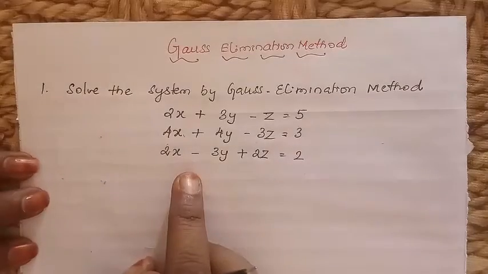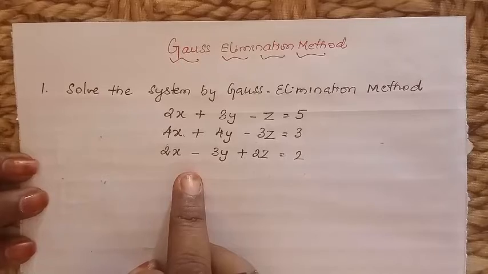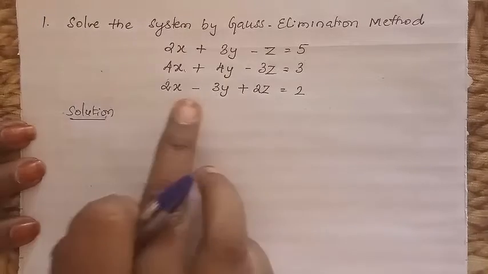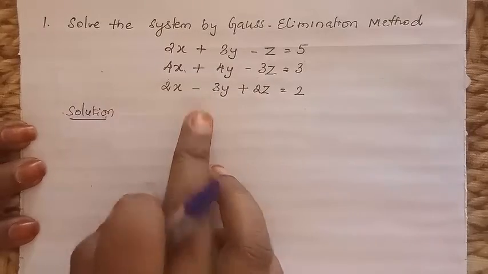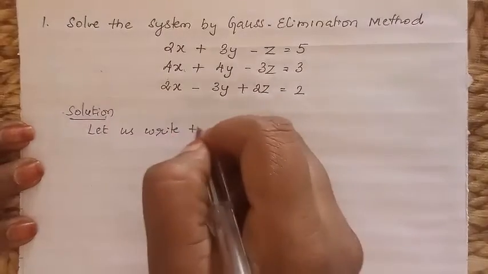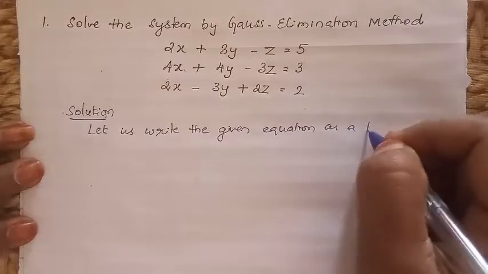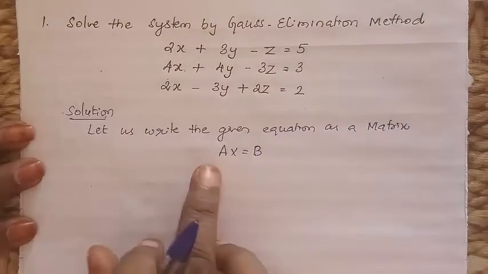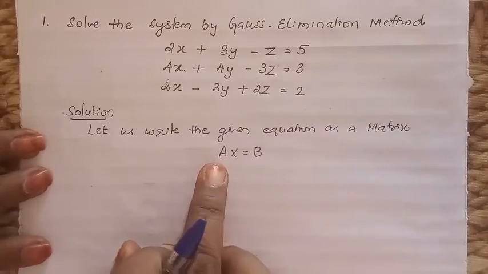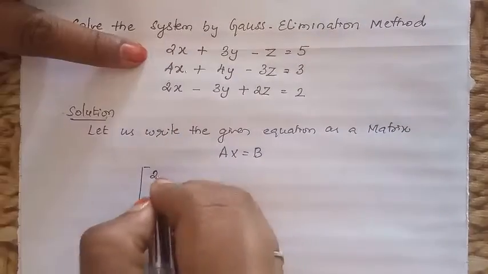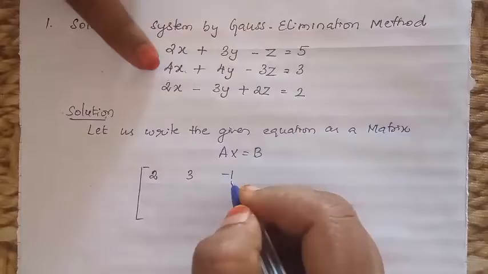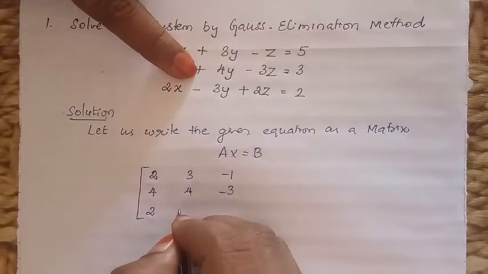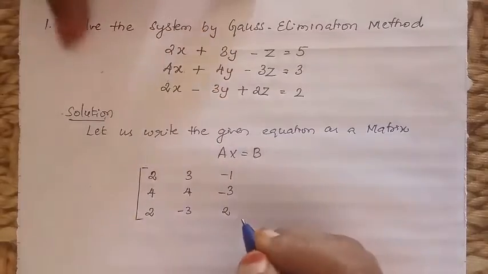I have taken an example system of equations here. Let us solve this using the Gauss elimination method. As a first step, we have to write this equation in the form of a matrix. Let us write the given equation as a matrix Ax equal to b. As I said, A is a coefficient matrix, so write all the coefficients in the equation: 2, 3, minus 1, 4, 4, minus 3, 2, minus 3, 2.